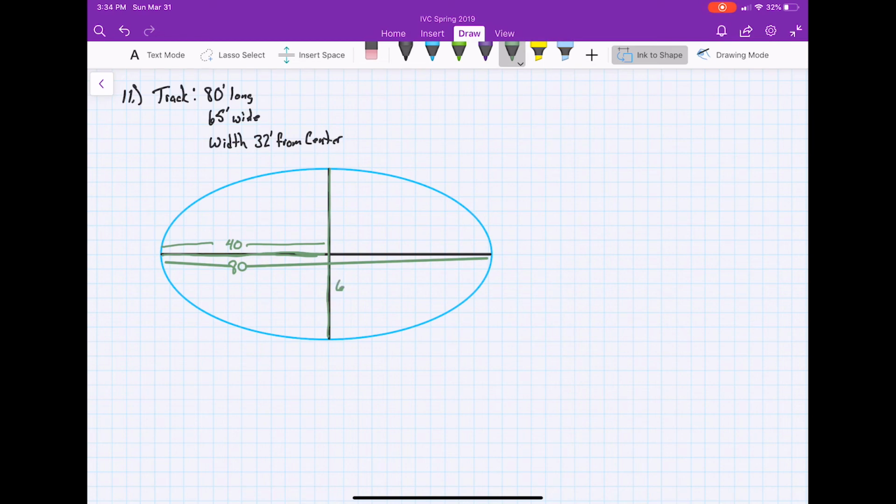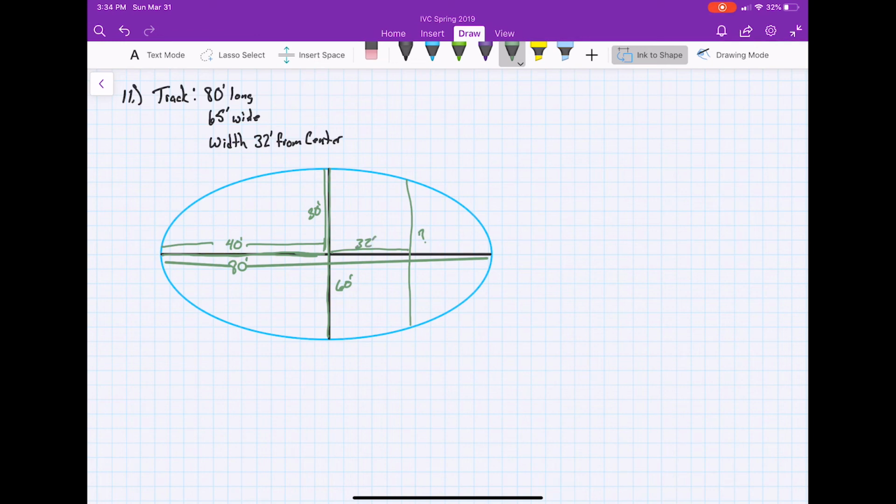The vertical, the whole thing is 60, and of course, half of that is 30. Well, we want to know what this width is, the whole width all the way across, and that's 32 feet from there.